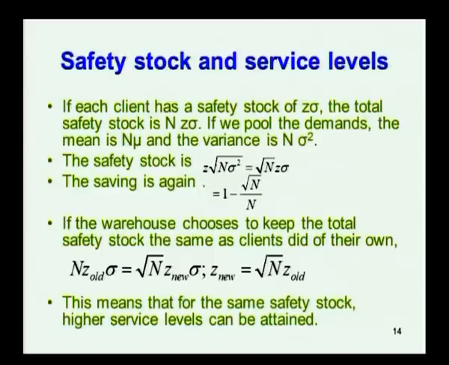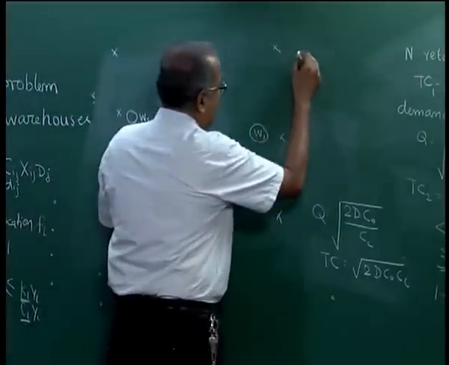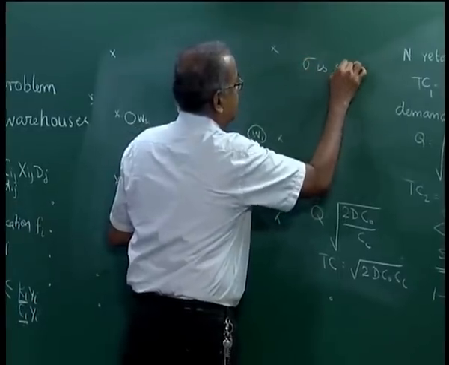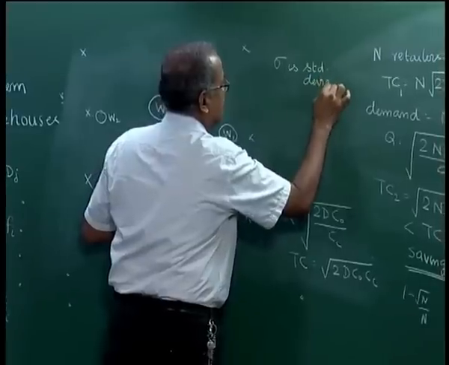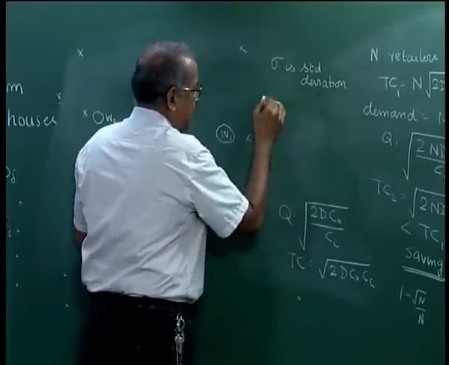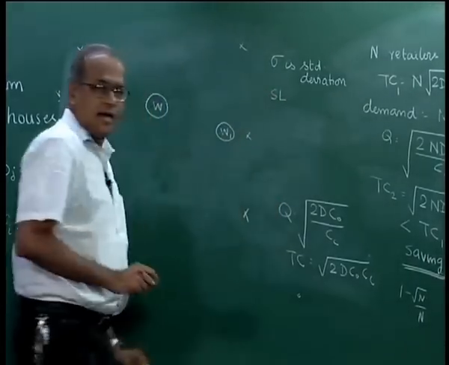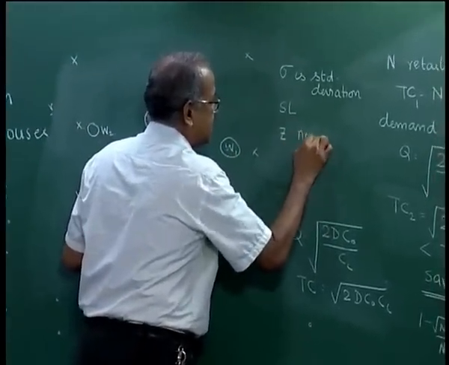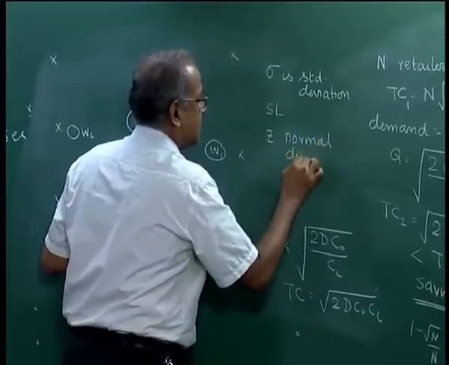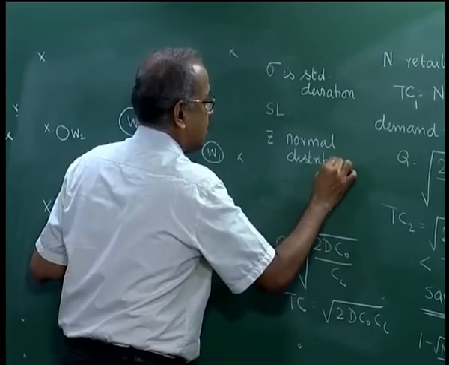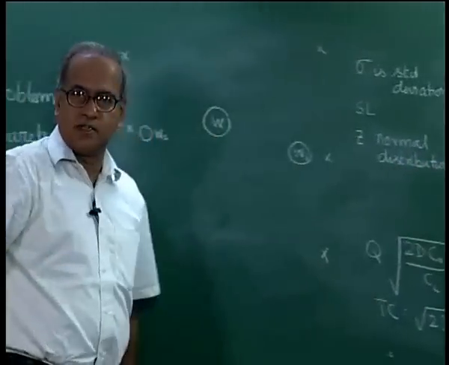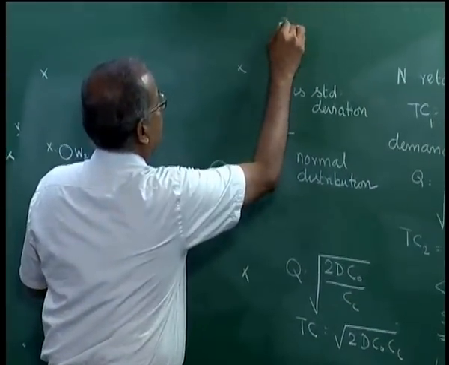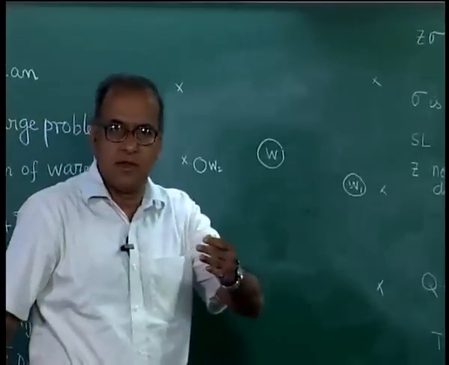Now, we also know that for each one of these retailers, there is a lead time demand distribution, and if sigma is the standard deviation of the lead time demand, and we have a service level SL, then based on this service level we go back to the normal distribution and find a Z. Now, Z sigma is the safety stock that will be maintained.